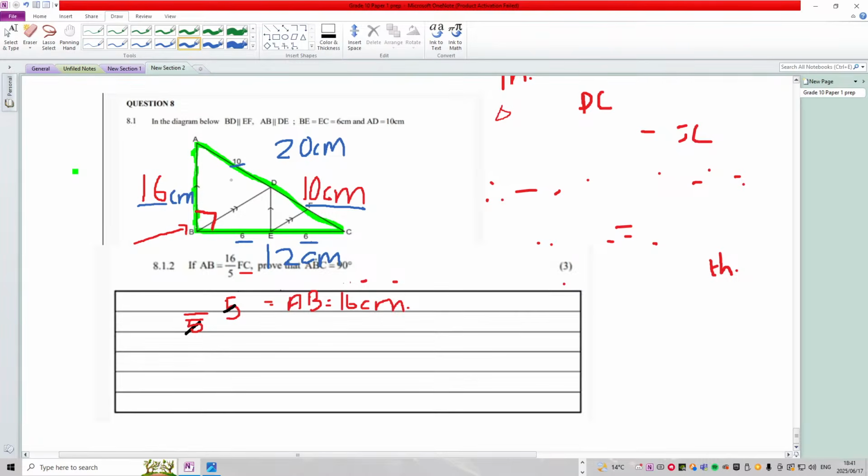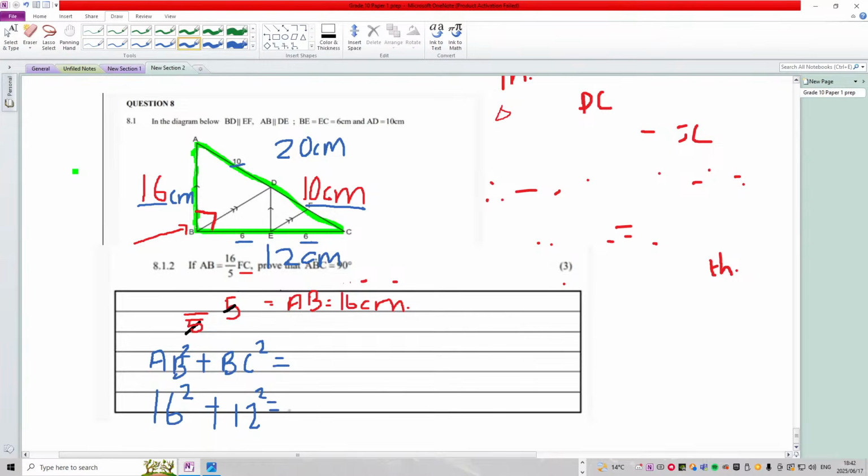Do we see that? Now, if I use my Pythagoras theorem to find my hypotenuse AC, I can then say that angle B is 90 degrees. What do I mean by that? If I say AB squared plus BC squared, these are the two sides. AB is 16 squared plus BC is 12 squared.